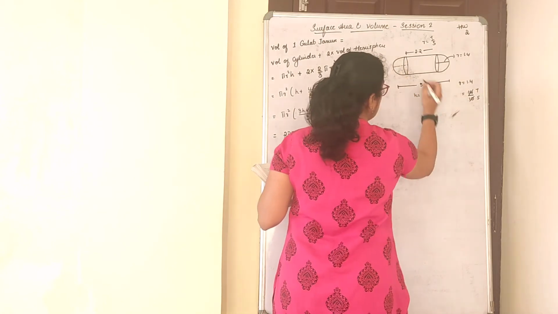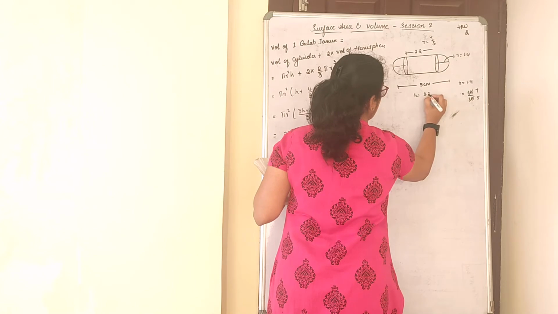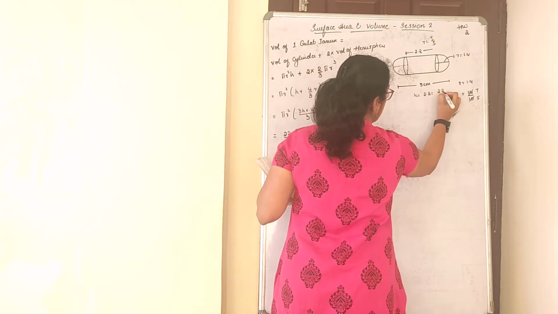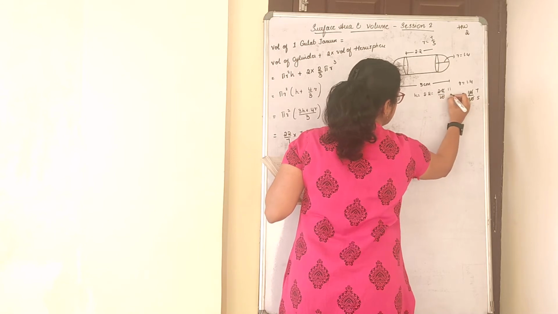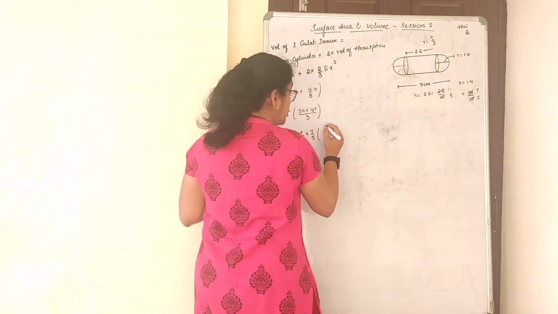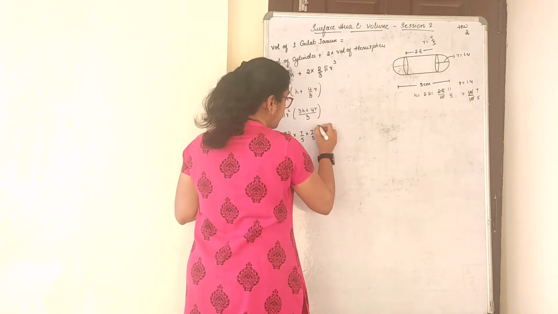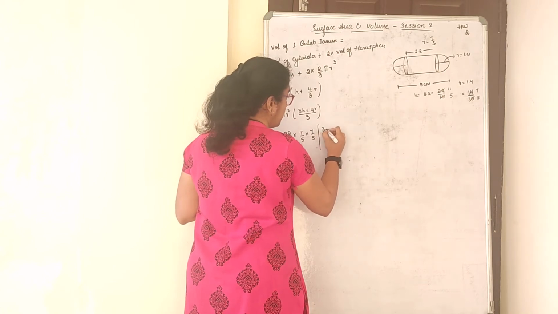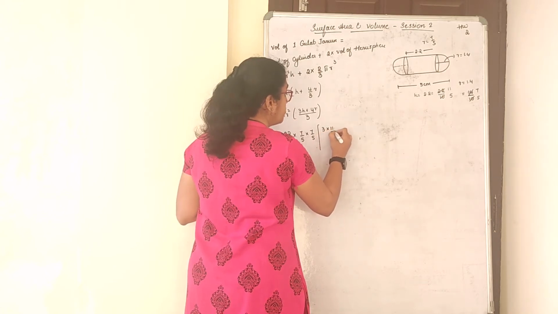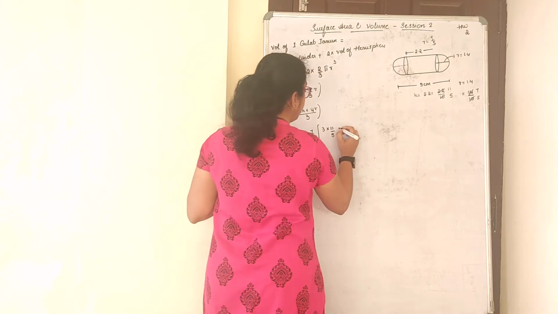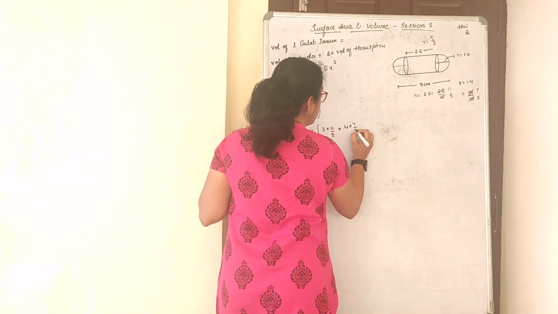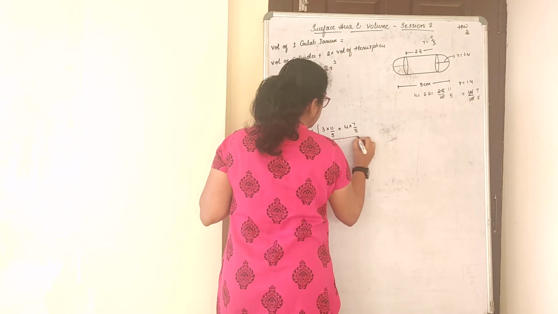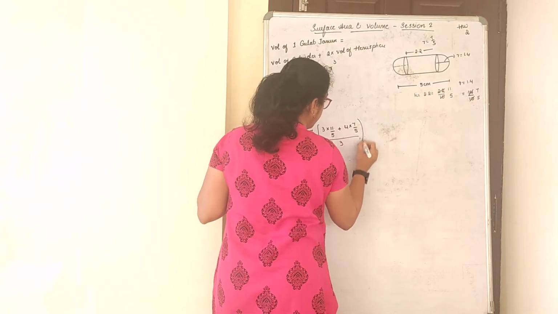h is equal to 2.2, that is 22 by 10. 2 elevens are 22, 2 fives are 10. That is much easier. 3 into 11 by 5 plus 4 into 7 by 5, divided by 3.